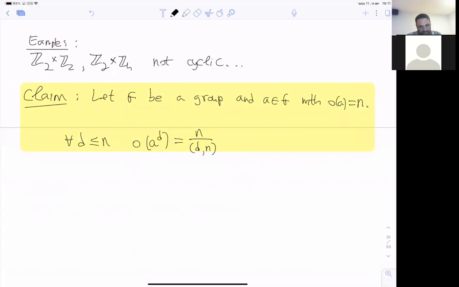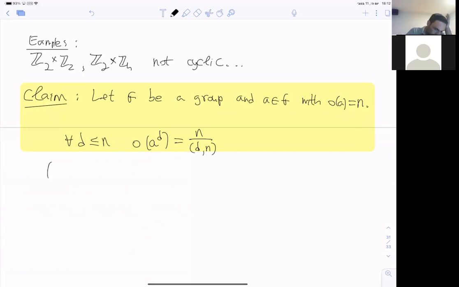Of course, if d is 1, you get back to the order of a. But it's like the Lego that we have been talking about. If you take two parts and put them together, the order should in general be smaller, like we've seen.